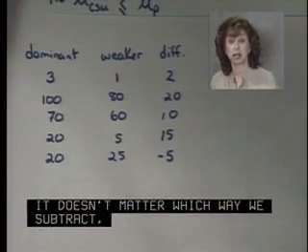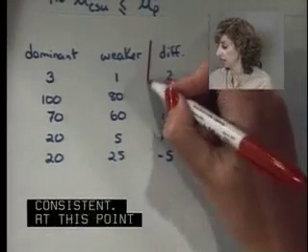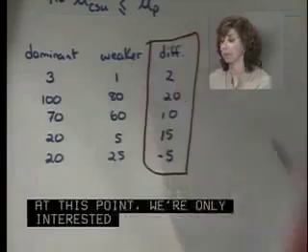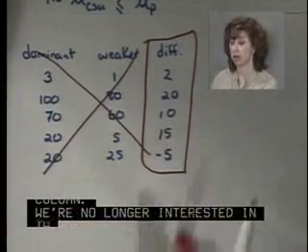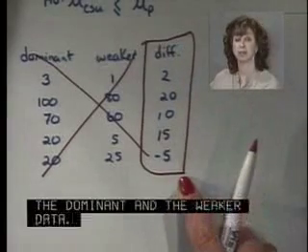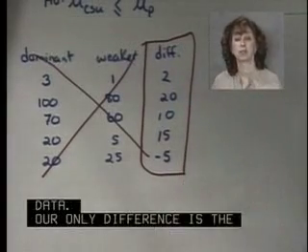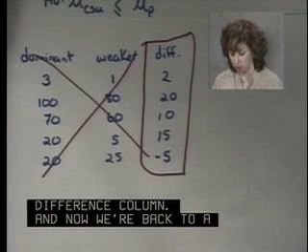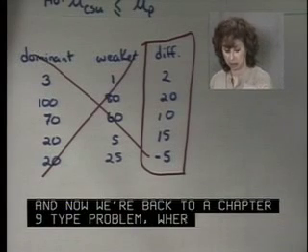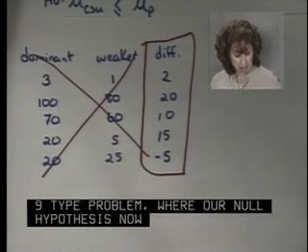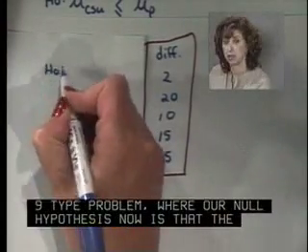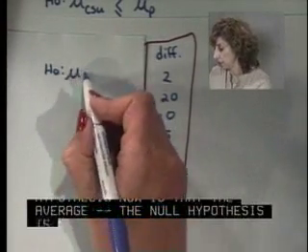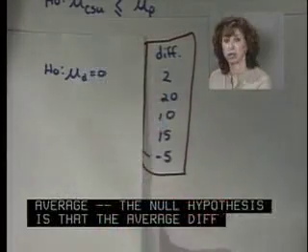At this point, we're only interested in the difference column. We're no longer interested in the dominant and the weaker data. Our only data is the difference column. And now we're back to a Chapter 9 type problem, where our null hypothesis is that the average difference is equal to 0.